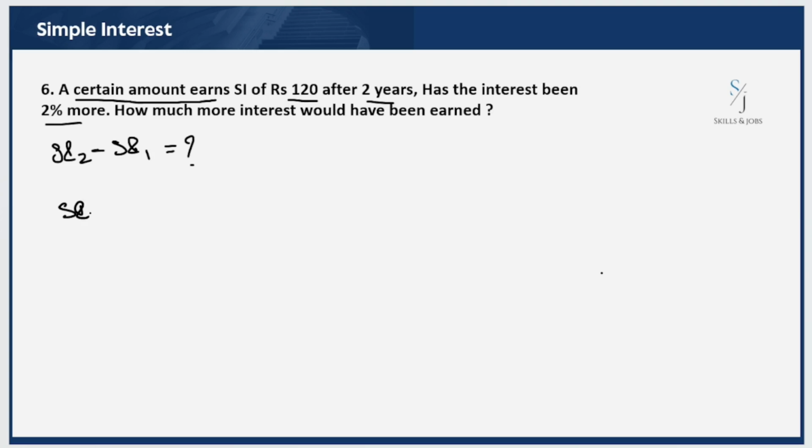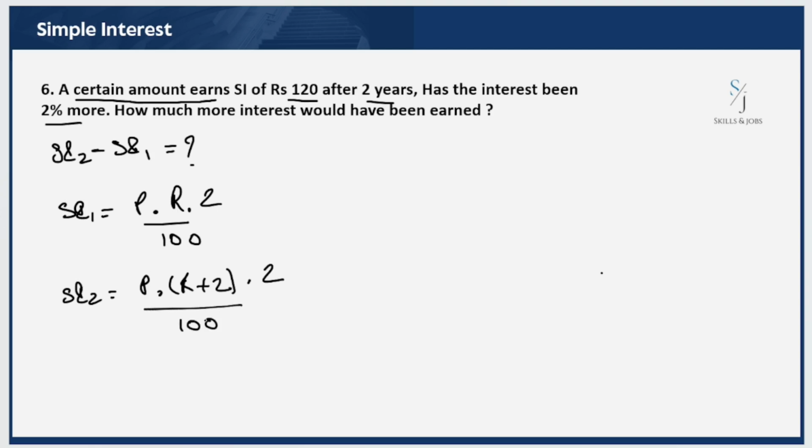So SI1 is equal to, what is the principal amount? P into R into T, that is 2 years, by 100. Now SI2 is P into R plus 2 into 2 divided by 100.